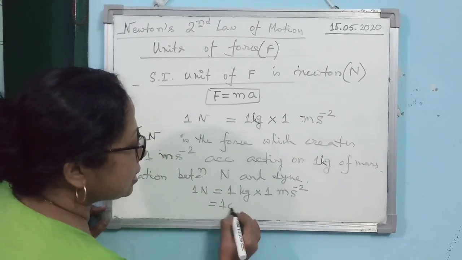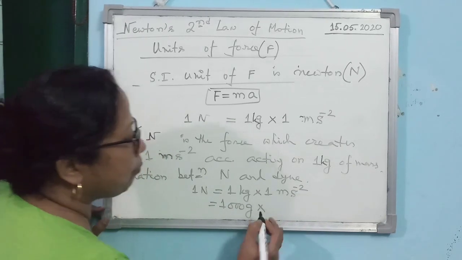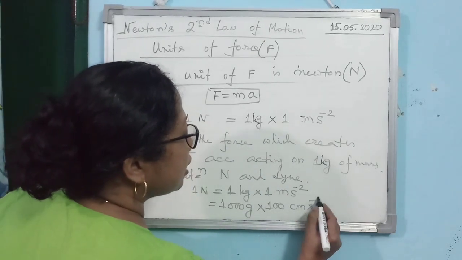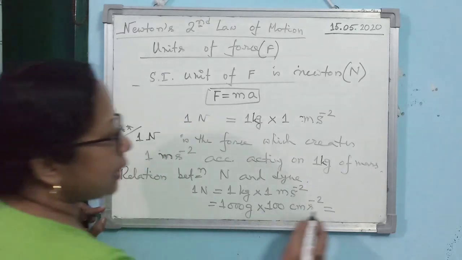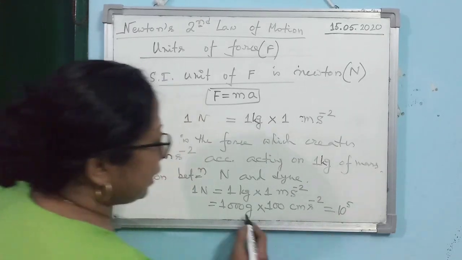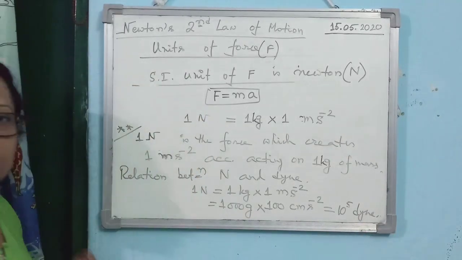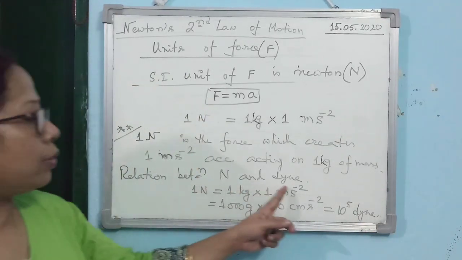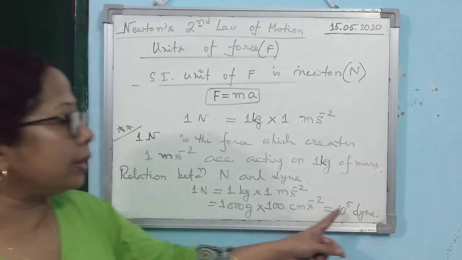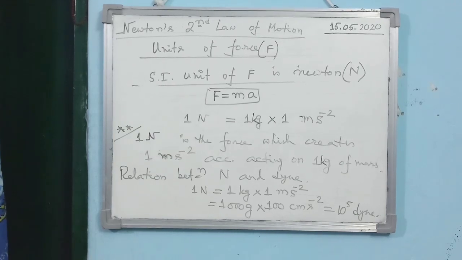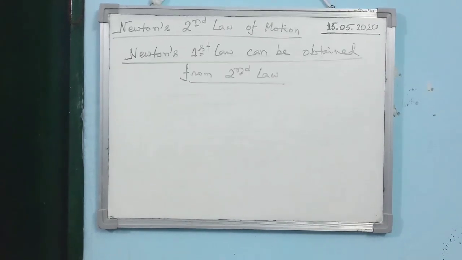Now, 1 kg is equal to 1000 gram and 1 meter means 100 centimeter. So how much are you getting? 10 to the power 5 gram centimeter per second square, which is nothing but dyne. So what is the relation between Newton and dyne? 1 Newton is equal to 10 to the power 5 dyne. So these are the different units of force and their relation.